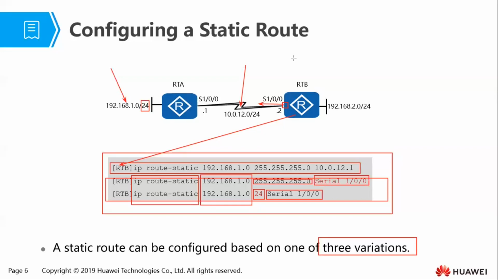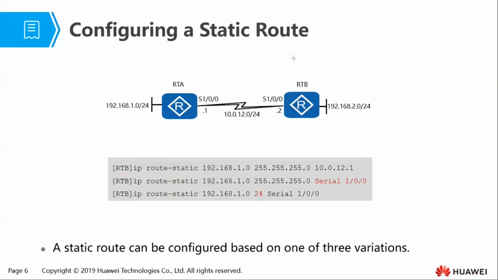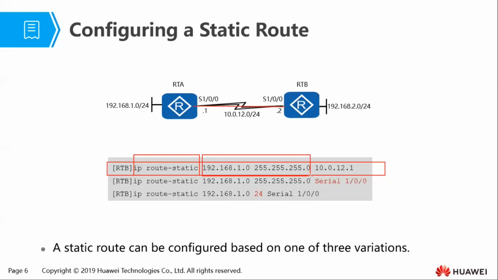Now let's look at an example. Let's assume that here we are using an Ethernet cable, just straight like this. How do we configure it? When you're using an Ethernet cable, it becomes a broadcast network. Again, you start with the keyword ip route-static, the network where you want to go, and the mask.